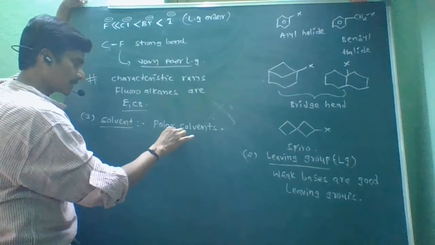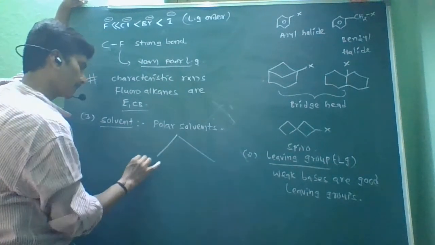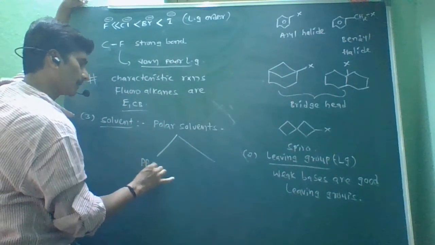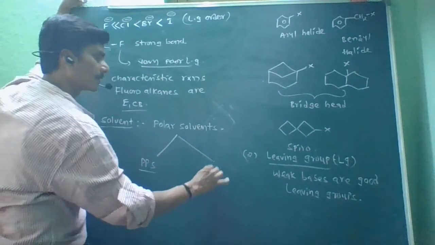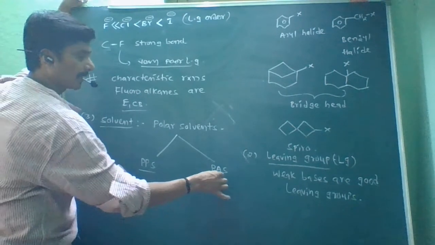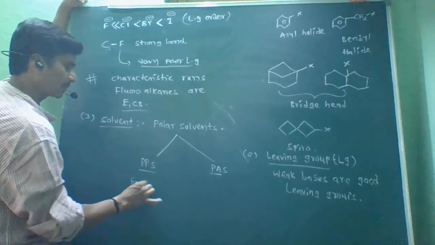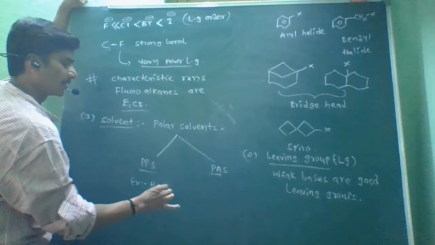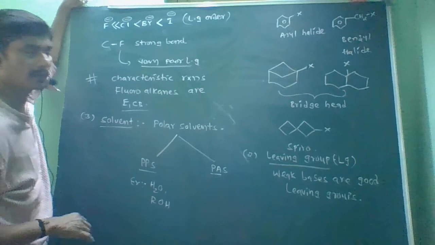As we discussed in earlier classes, polar solvents are of two types: PPS, polar protic solvents, and polar aprotic solvents. Well-known examples of polar protic solvents are H2O and alcohol.